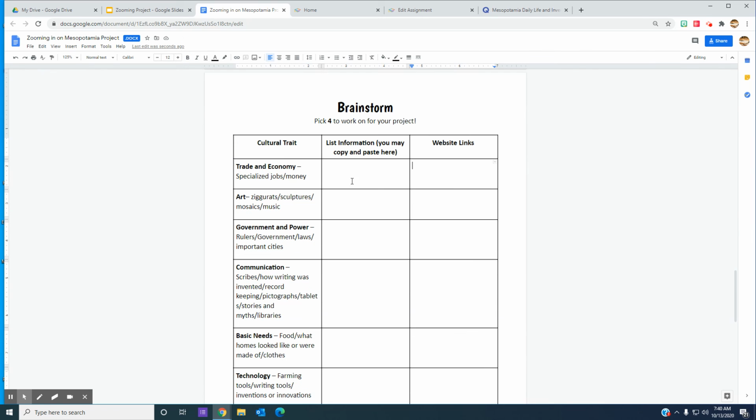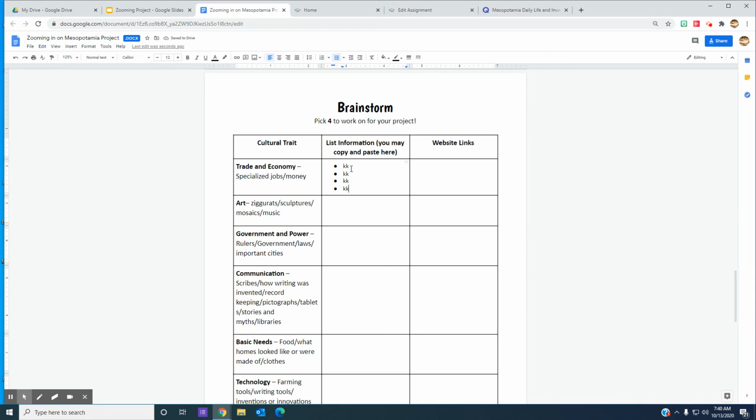Make sure you're finding enough information today to write 5 to 8 sentences about. I think 4 bullet points would get you enough information for 5 to 8 sentences.